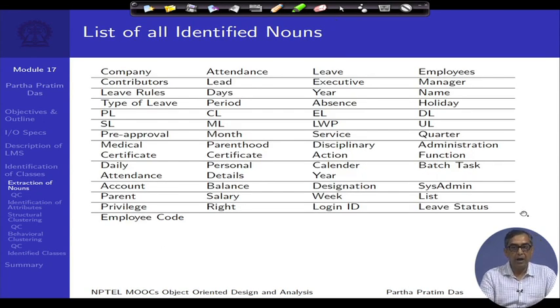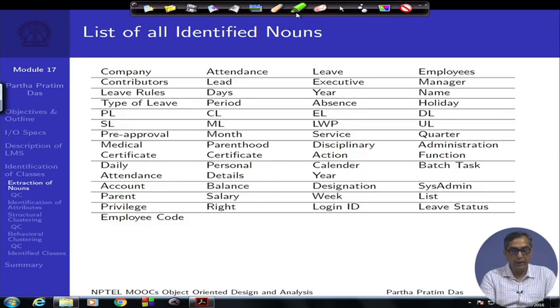Presuming that you have already taken the break and identified the nouns, then more or less you should get this set of nouns. I am saying more or less because there is always some possibility of interpretation, some possibility of missing out items, but these are the typical nouns you will get.